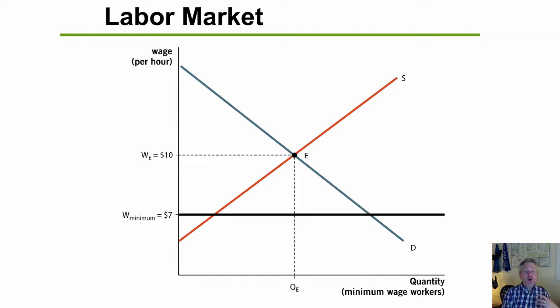Okay. So a price floor, the minimum wage, would be to say that you can't pay less than $7 an hour. Now here, this is a non-binding price floor. This won't have any effect because the equilibrium wage is above this minimum wage.